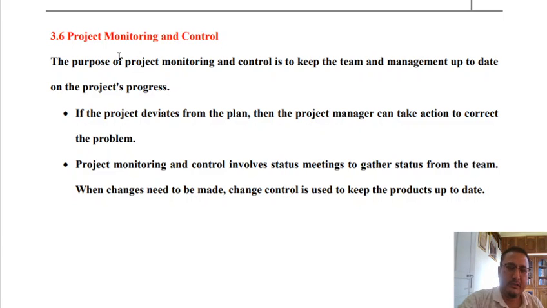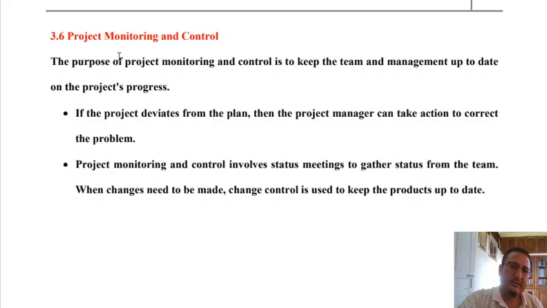If the project deviates from the plan, then the project manager can take action to correct the problem. Project monitoring and control involves status meetings to gather status from the team. When changes need to be made, change control is used in order to keep the product up to date.